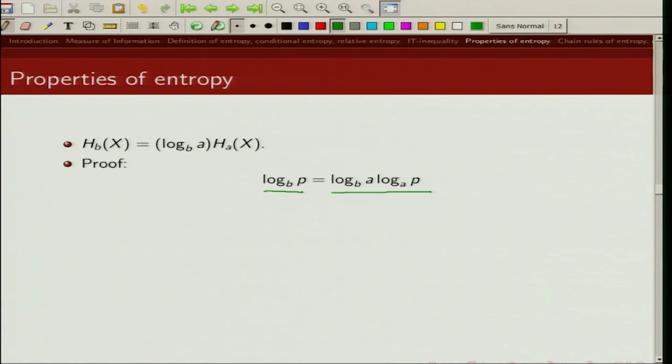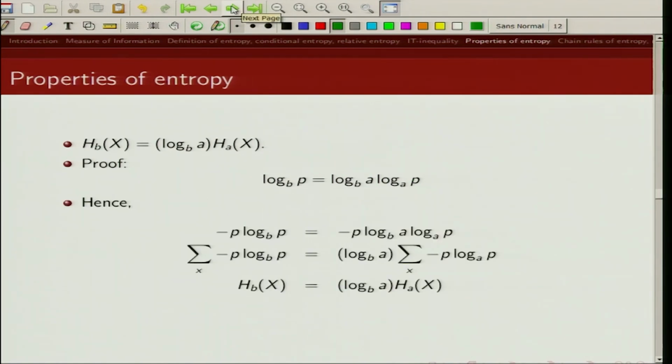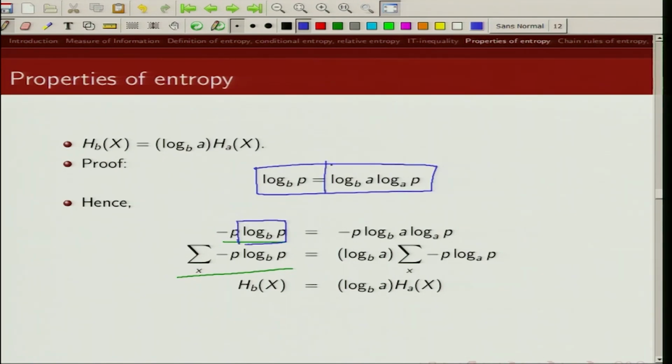Now what is the definition of entropy? We have to compute entropy to the base B. So we have to compute minus P log of P, and we have to sum it over the support set of P. Now we know that this quantity is equal to this. So we replace this by this in this expression, and we get this expression. Now we are summing over the support set of x.